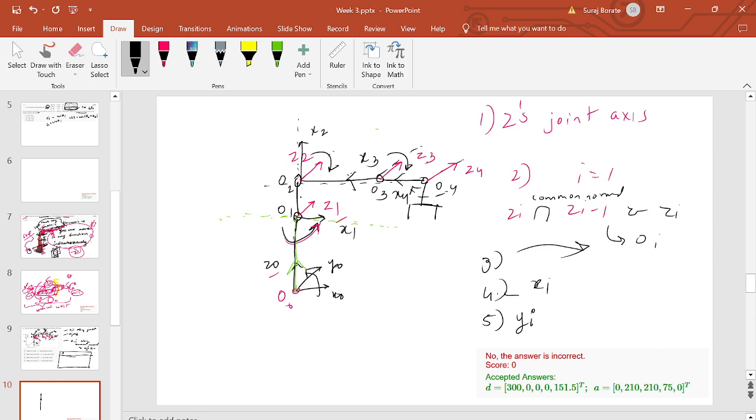Right, so this is X1. So Y1 will be where? Downwards. Now this is Z. Where is Z2? The pink one is Z2. Black one is X2. So the common normal will be where?